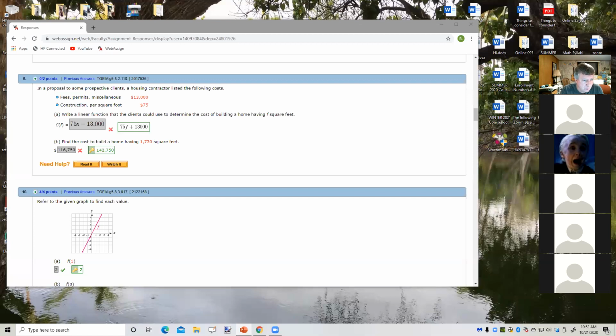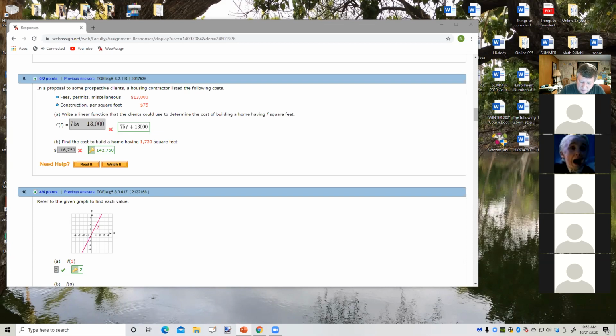All right, so, it has C of F given, where F is, let's see, what is F? F is the number of square feet and C is the cost. All right, now it says that it costs $13,000 plus $75 per square foot.